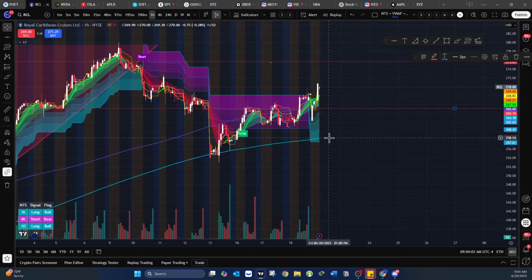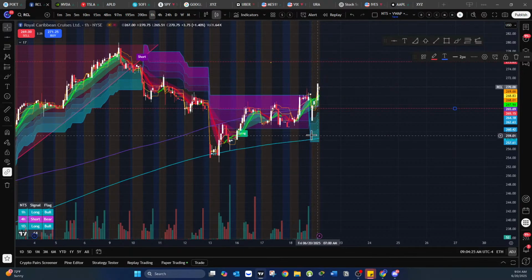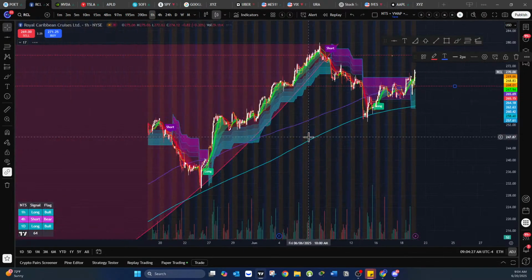Short term at least. And it could make a move towards this 260 spot, which is this bull ribbon that was created here because of this bounce. It kind of represents a line of support, right? So this coincides with this area right here, some support with this line, and support with the bull ribbon.